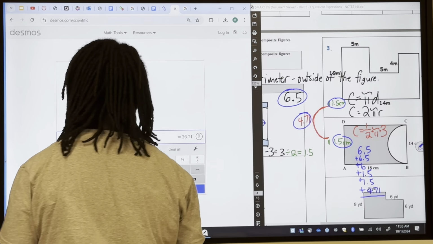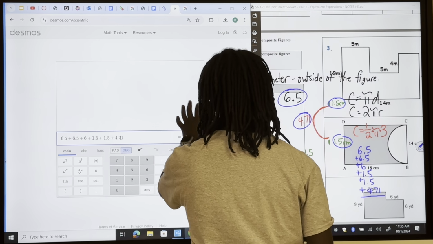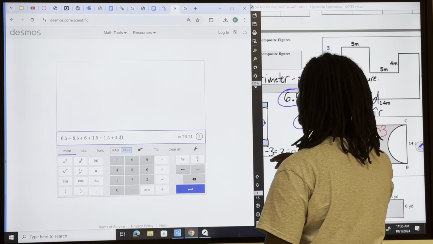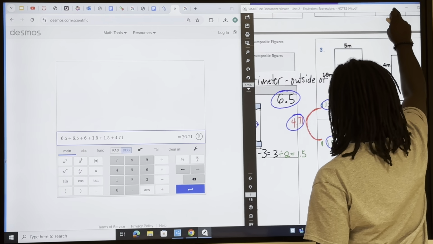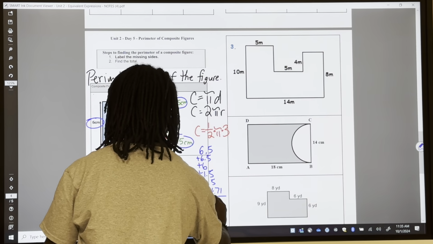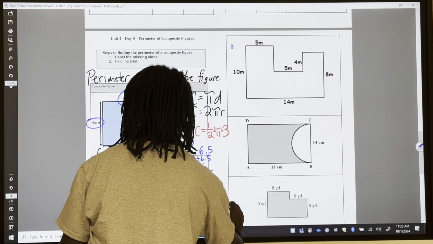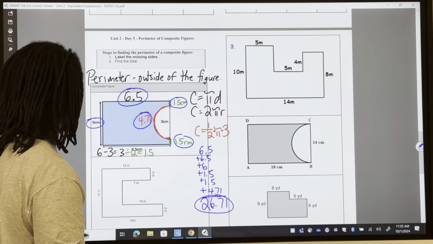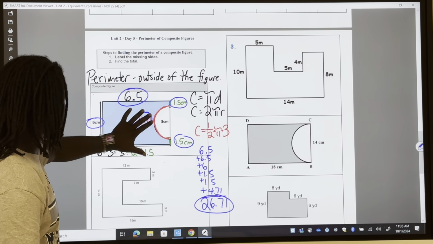And that gives me the perimeter of the outside, which is 26.71. So we got 26.71, and there you go. All right, so that is the perimeter of this figure.